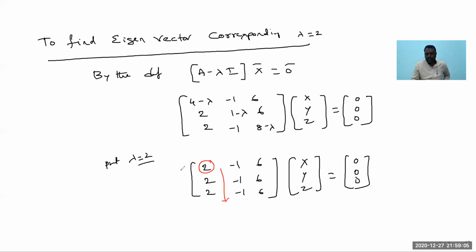So anyway, R1, R2, make them as R2 equal to R1 minus 2R2 and R3 equal to 2R1 minus 2R3. Or if 2 cancels, you can write R1 minus R2, R1 minus R3 also. That's your wish.